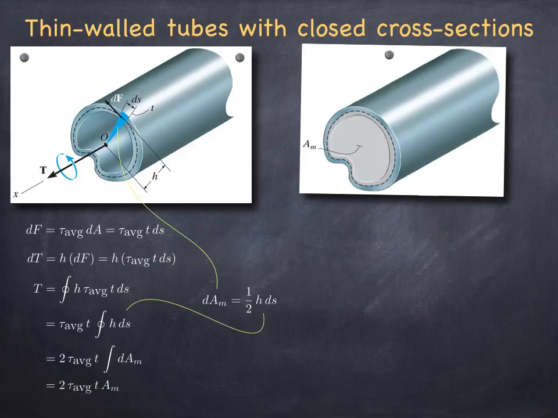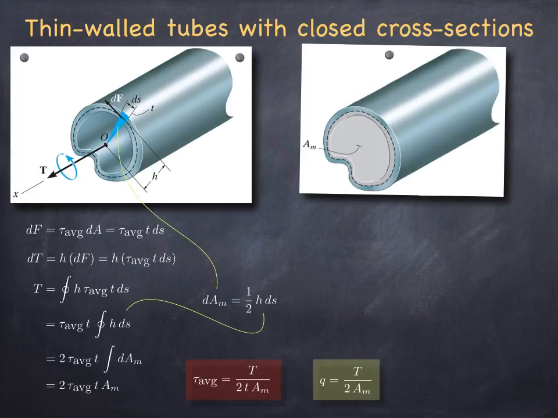So once I've observed that, this now completes the formula for me. I now know how torque is related to the shear stress at any given location, and I can find the average shear stress using this formula by simply dividing the torque by 2 times the mean area of the cross section, not circular, and the thickness at that location.